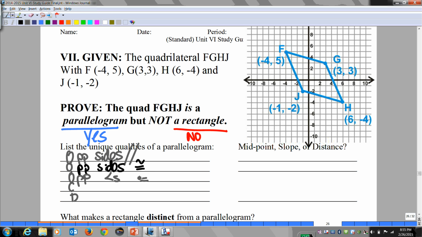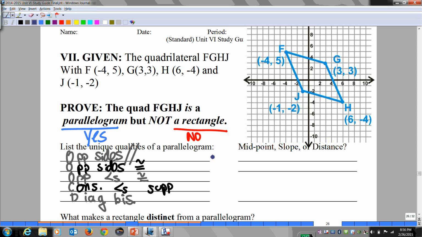Opposite angles congruent. Consecutive angles supplementary. Diagonals bisect. I only need to prove one of those.